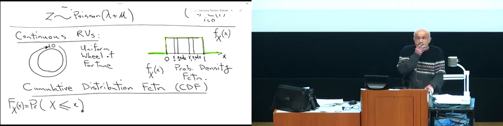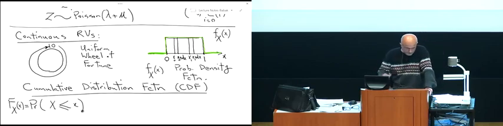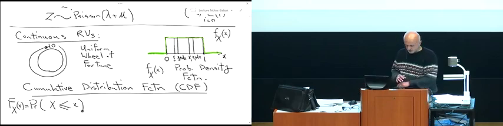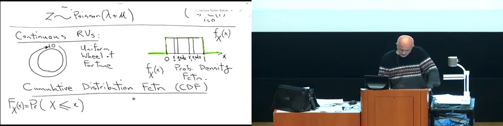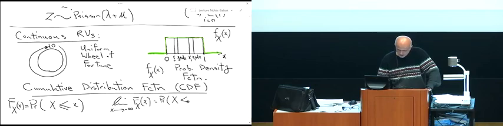Okay? Now, if we look at the uniform wheel situation, can you give me some of the values for this F of x? What happens if I take the limit as x goes to minus infinity? This is the probability that x is less than or equal to minus infinity.